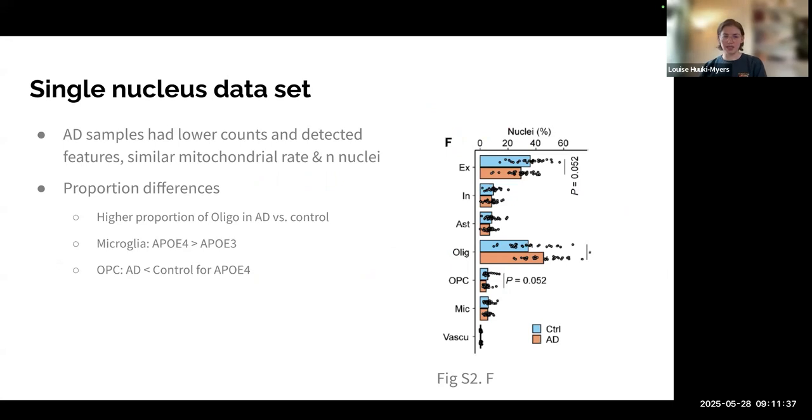And then the proportion differences, they observed slight proportion differences with high proportions of oligo in AD versus control. Microglia, they had higher proportions of microglia in ApoE4 versus ApoE3, and OPCs, AD had fewer OPCs than control for ApoE4. So even at the proportion level, there's overall differences like in oligo, but things start to modulate at the genotype level.